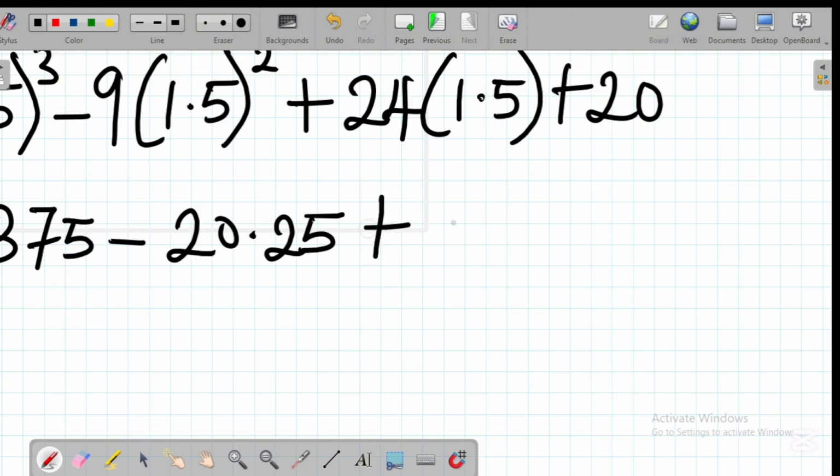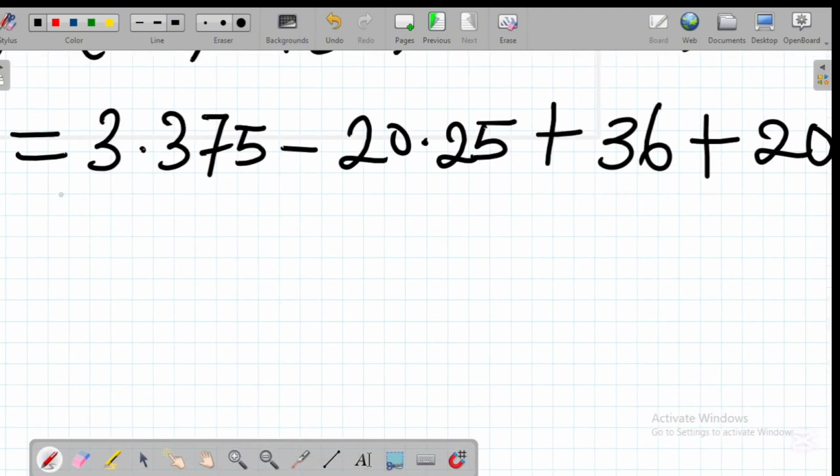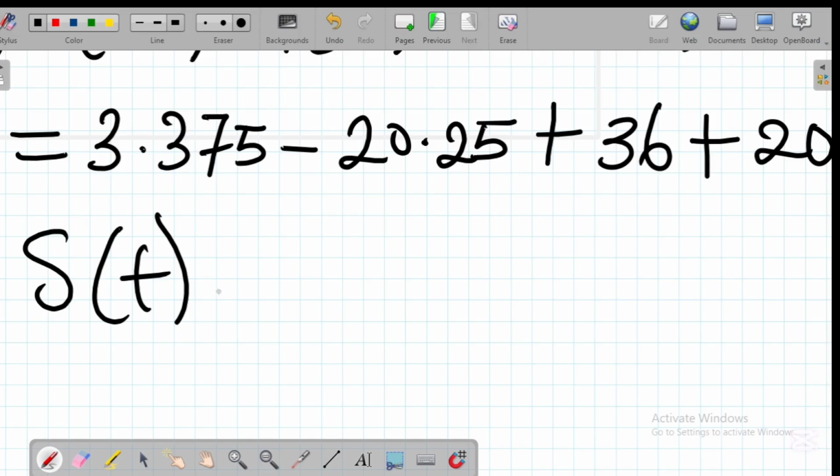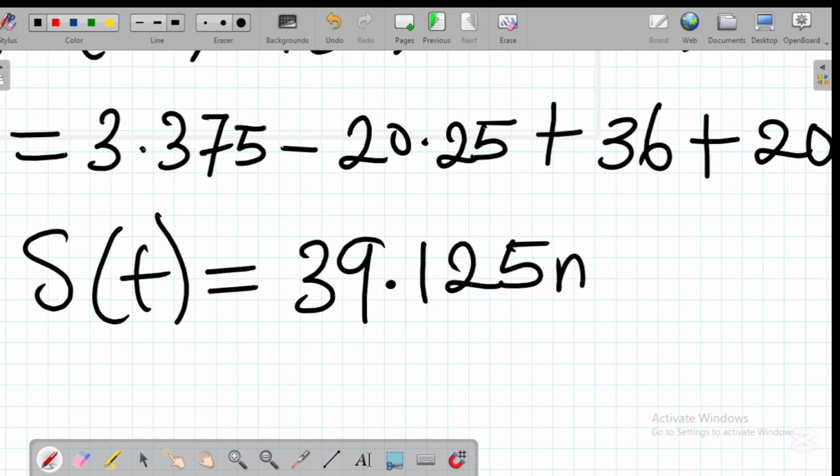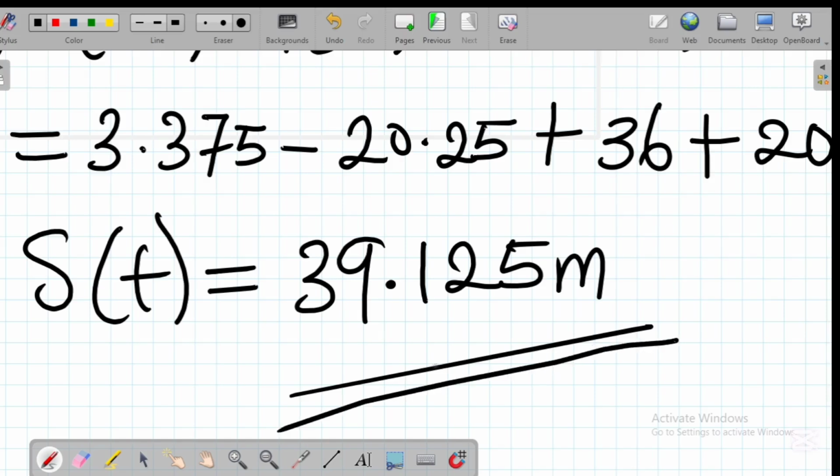And then plus 24 multiplied by 1.5 gives us 36 plus 20. So if we sum this up, we would have s of t equals 39.125 meters. So this is our distance or displacement at t equal to 1.5.